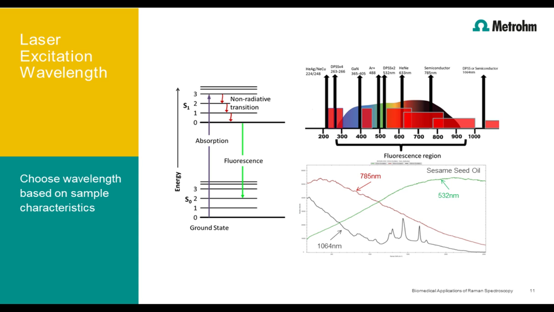So we don't really see any of the Raman scattering that we're interested in. It's not until we shift to using a longer wavelength, like 1064 nanometers, that we're able to avoid that fluorescence region, and then we're able to observe the Raman scattering from the sample that we can do analysis with.